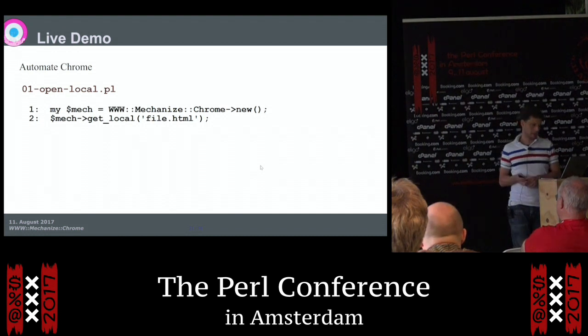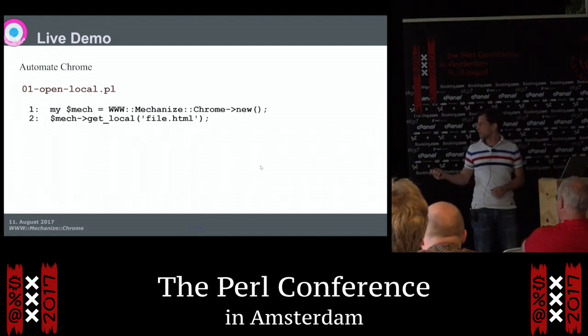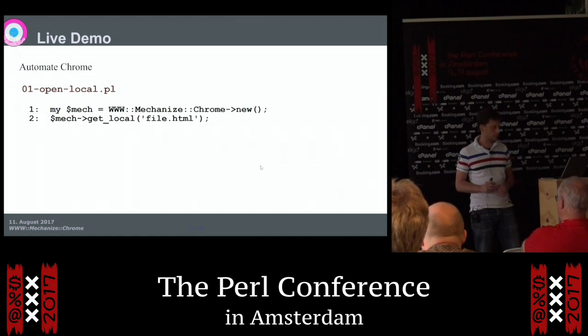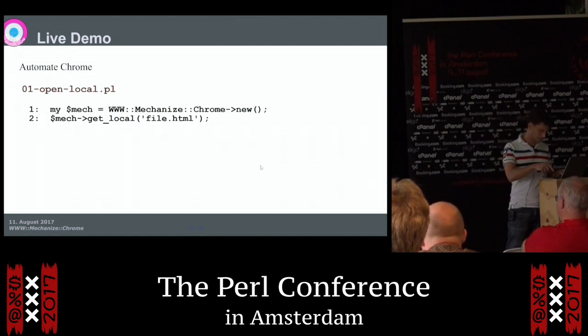Okay, now the live demo. The first and easiest thing is simply to create a new object and to get a URL. There's also a helper method that can retrieve a local file, but I'm feeling ambitious.